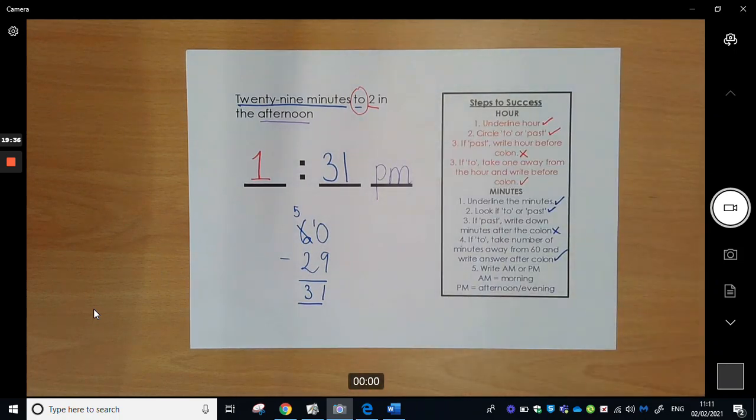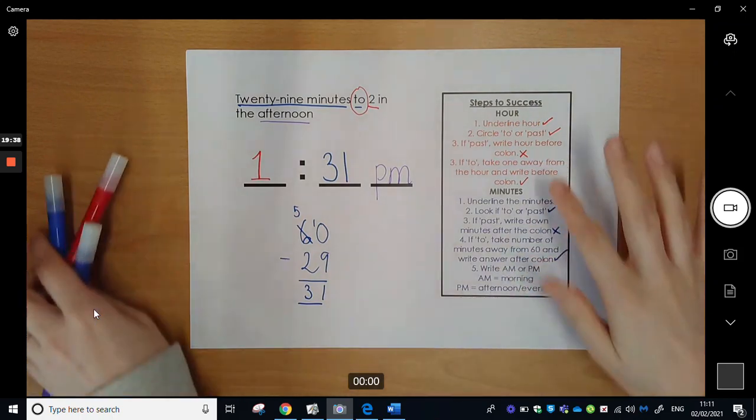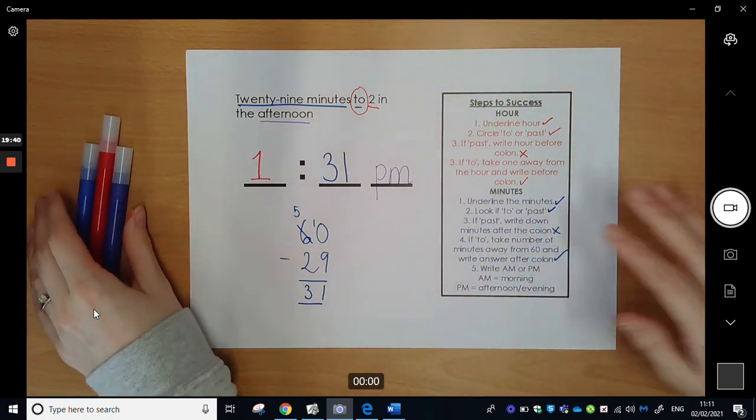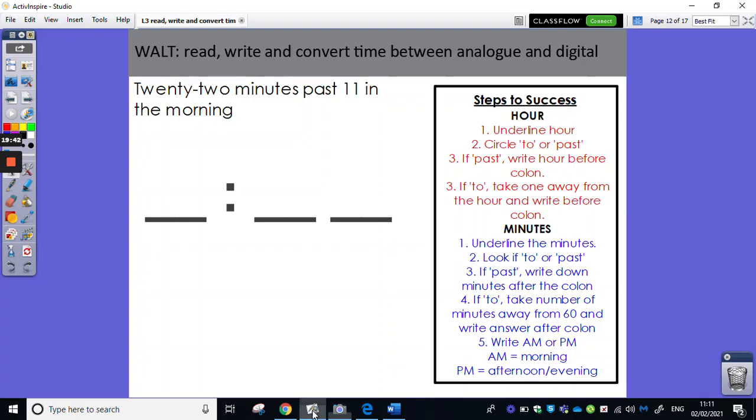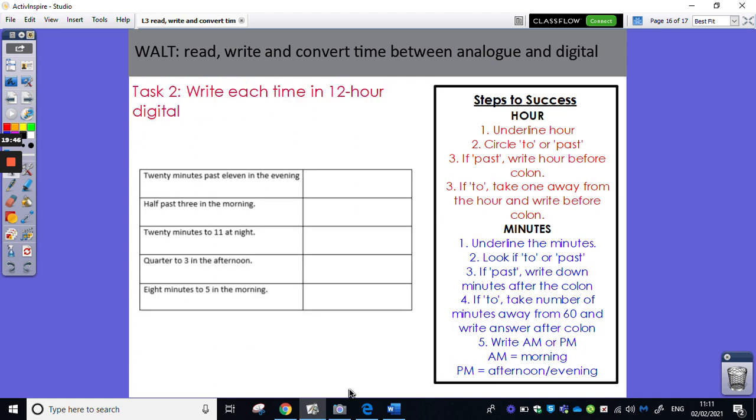Okay? So you've got your steps to success on the board. I'm going to pop that back up for you. There we go. So your next task, number 2, is to write each time in 12-hour digital, as I've just done there. So really make sure you're following the steps to success really clearly, thinking about whether it's past or to.